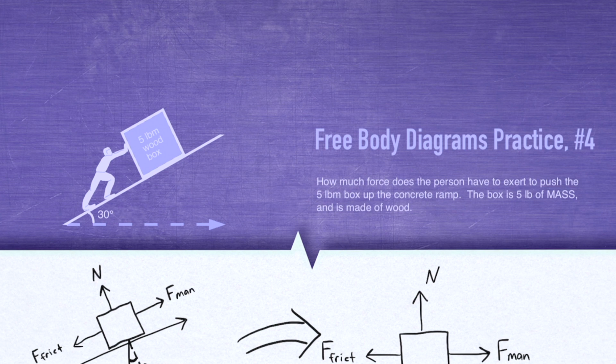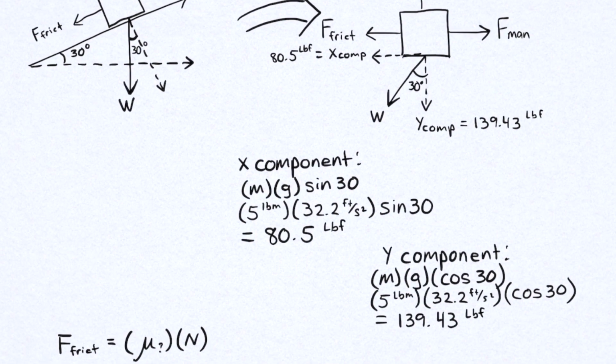So the box is not already moving. Because of this, the type of friction we're going to be using, the mu value, is going to be static friction. He has to jolt the box forward. It's not already moving, so he has to overcome static friction and then kinetic friction.